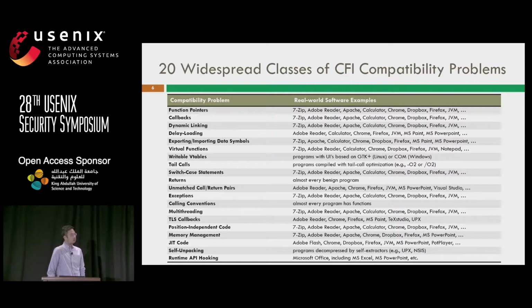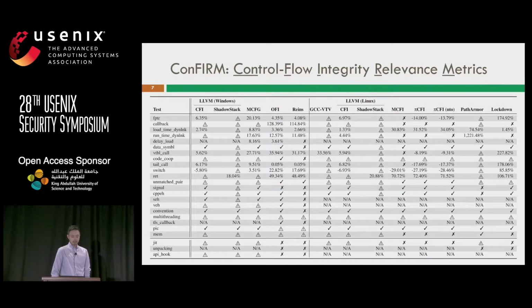In order to make this job much easier for researchers, we have developed toy programs that each exhibit some of these compatibility problems. In this chart, the toy programs are listed on the left. For each of them, we applied 12 major CFI solutions and used it to evaluate whether that solution is compatible with that problem.